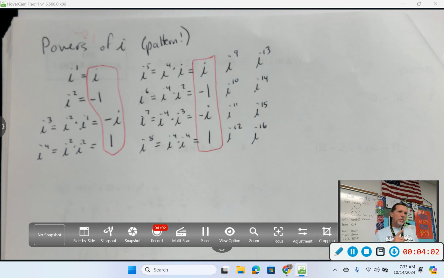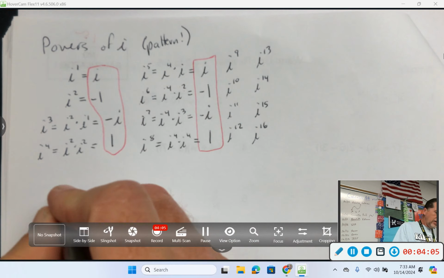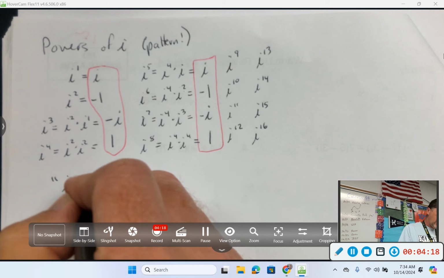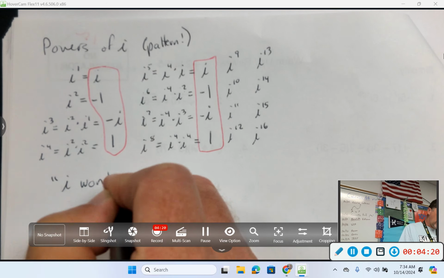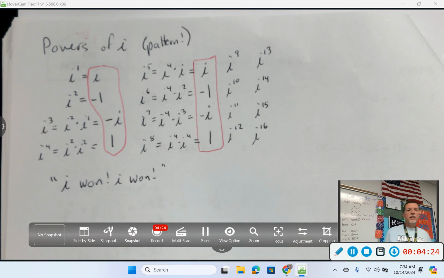Okay, a couple of things about this pattern. Again, memorize it, figure it out. Here's one way that some people like. I'm going to give it to you, and then you can figure out why I don't like it. Here's the pattern. All right, the Texans could say this yesterday. I won.